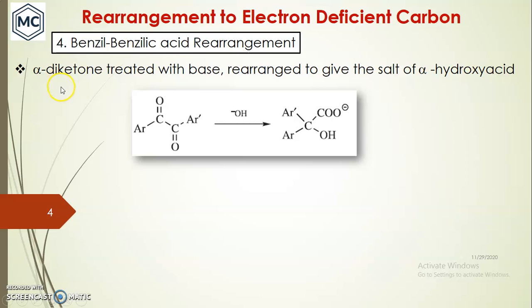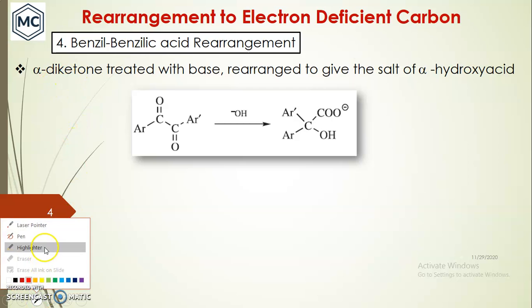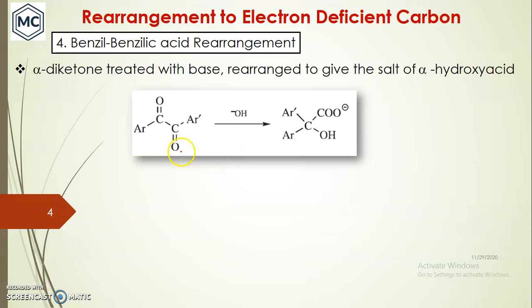In this rearrangement, an alpha diketone, this compound where you have two carbonyl groups here, is treated with a base and it rearranges to give a salt of alpha hydroxy carboxylic acid. You have a hydroxy group here. So you get this product.